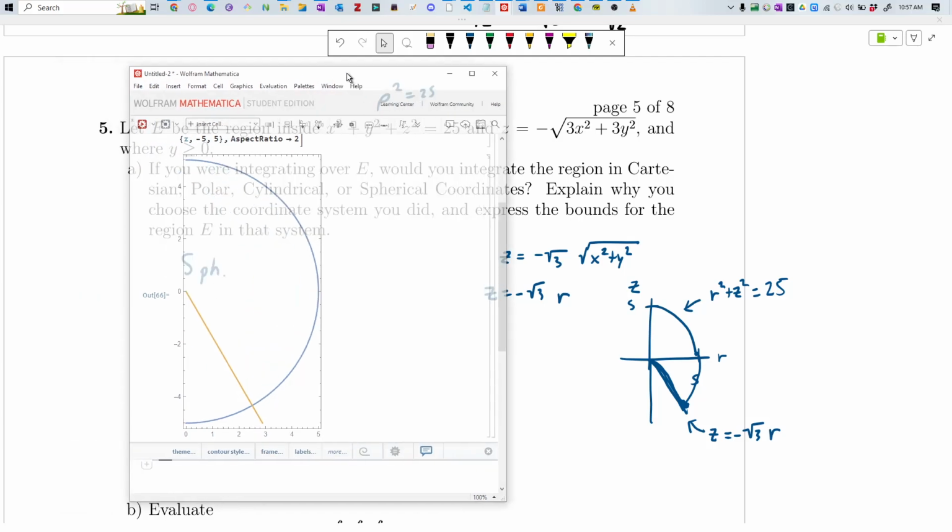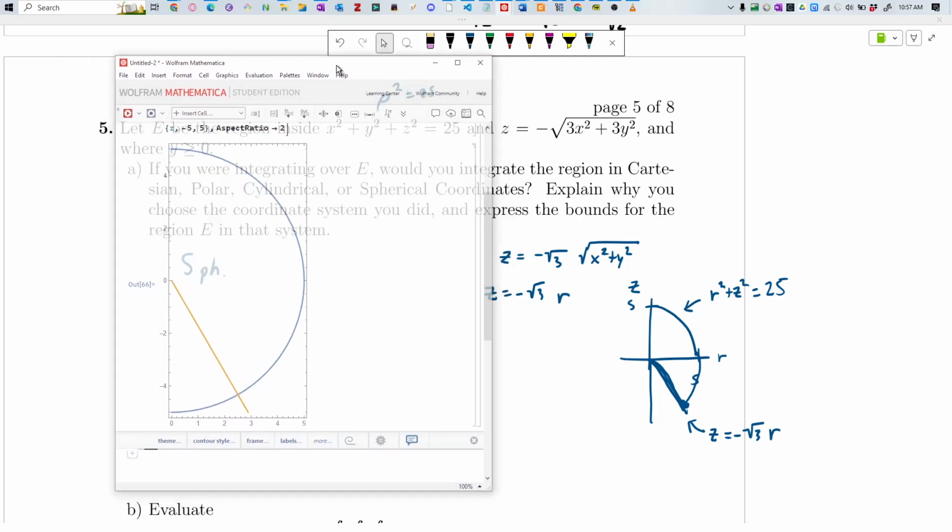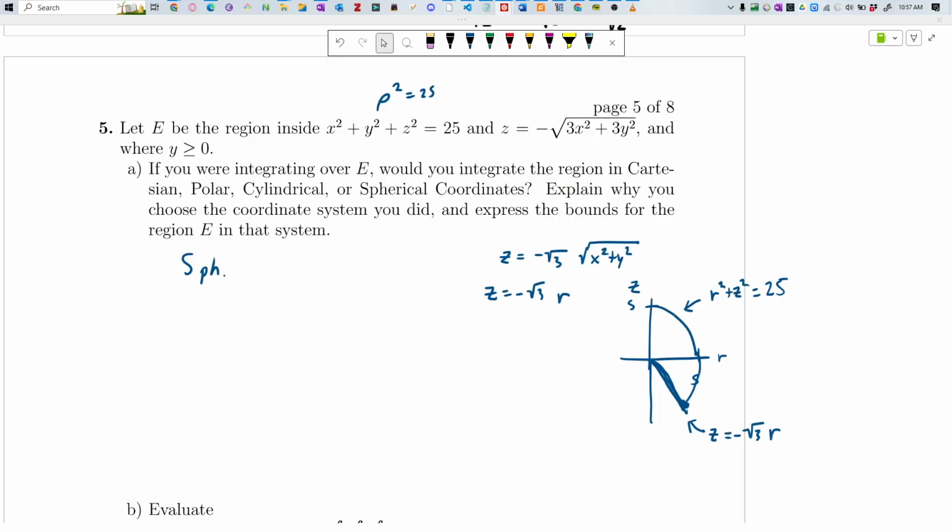So it is not too natural to do this in cylindrical. It's more natural to do this in spherical. Cylindrical looks bad, I don't know what else to say.